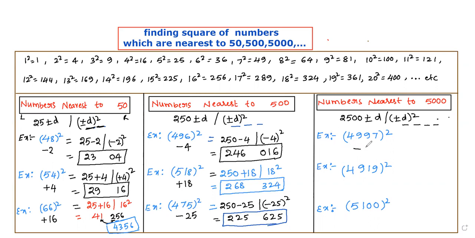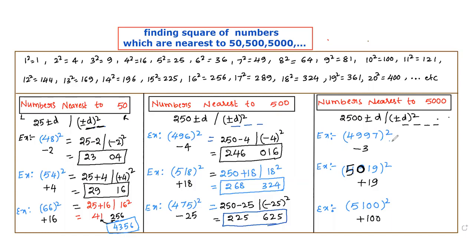Come to the examples. In this case, the deviation is -3, and let me change this number to 5090, because the video would become lengthy. That is the reason I am changing the question. So here the deviation is positive 19, and in this case positive 100.